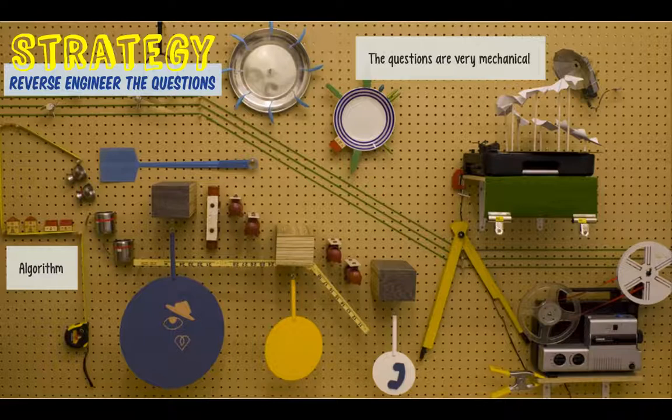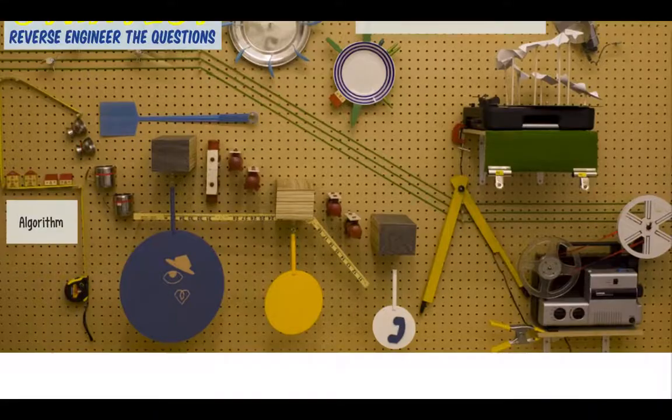And your strategy is going to be very algorithmic. An algorithm, if you don't study computers or physics or mathematics, is just a step-by-step process, kind of like this machine. First, this green thing goes down, and then it moves the yellow thing, and then the movie projector starts. So you're going to have a very distinct order to the way that you do the reading section.